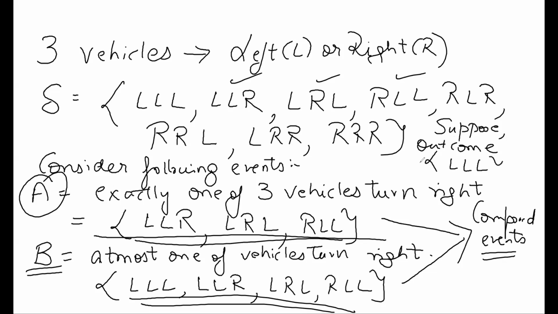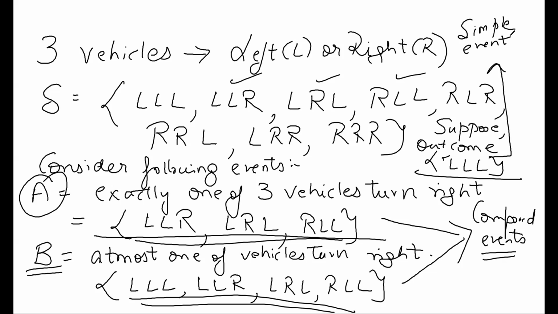When the experiment was actually conducted, all three vehicles took the left exit. Now you can see this is a simple event. Why is it a simple event? Because it consists of exactly one outcome.